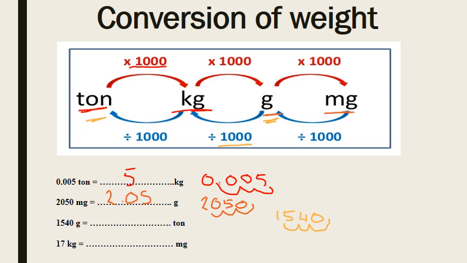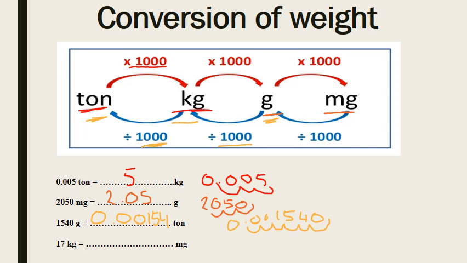So then from kilograms to tons, I have to also divide by 1,000. So we have to move it another 3 times. 1, 2, 3. So the answer will be 0.00154.